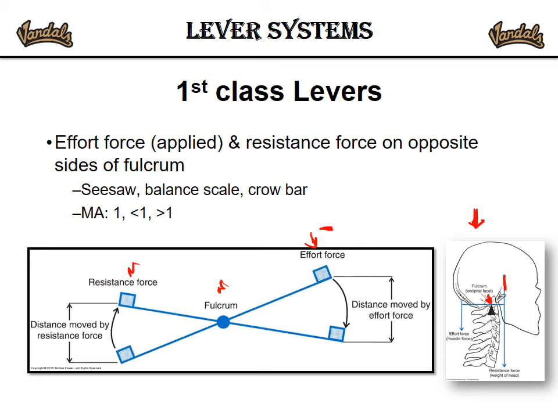So the resistive force is gravity's pull on the center of mass of the head. And then the effort force, the muscle force, is the way that the spinal extensors attach to the skull in the back. So here you have your skeletal muscle force, here you have resistive force, and they're going to play back and forth in relationship to here.